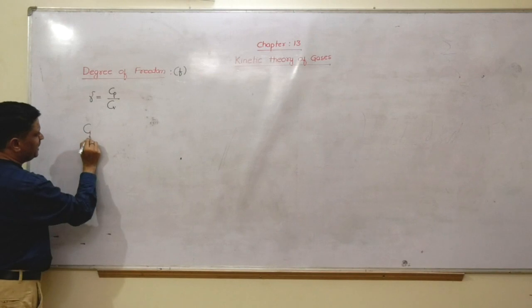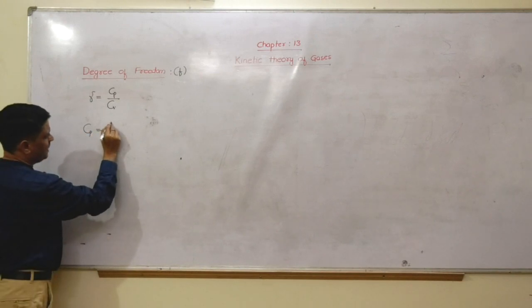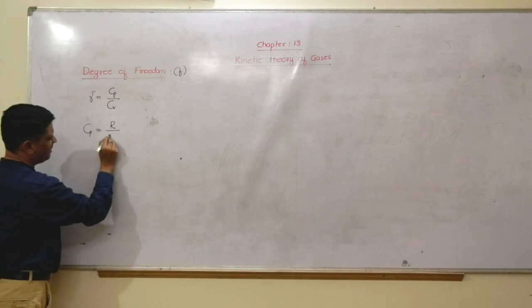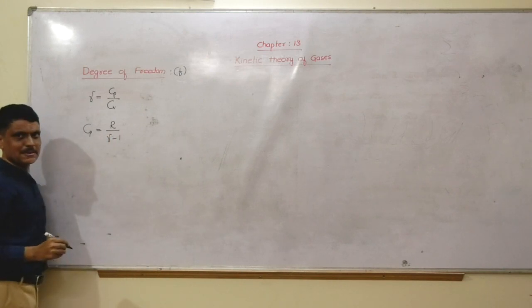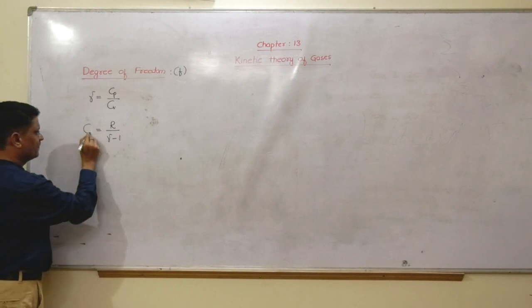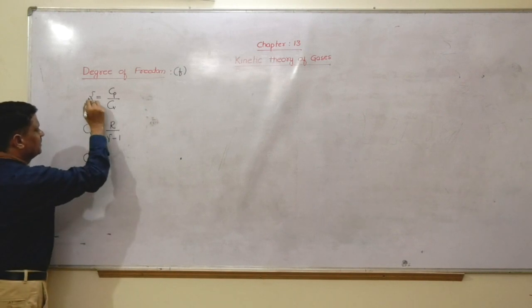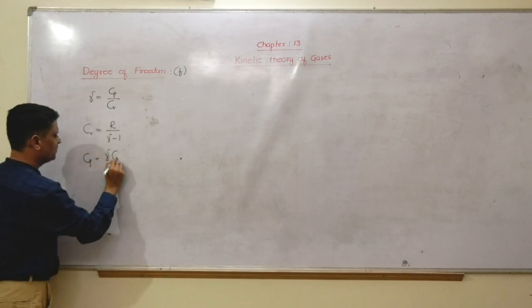And this Cv can be written as R divided by gamma minus 1. Then Cp can be written as gamma into Cv.